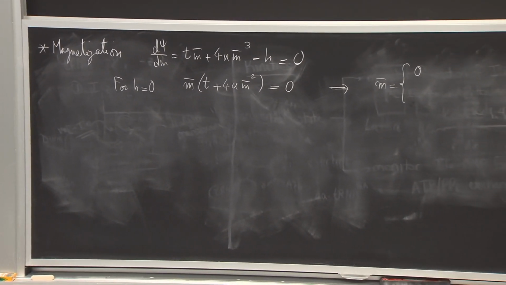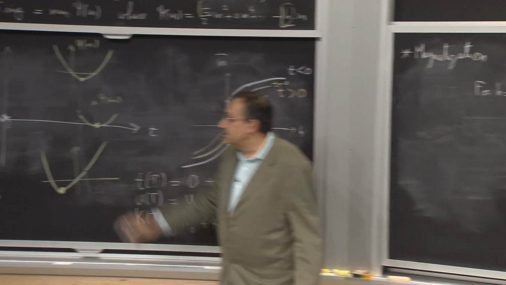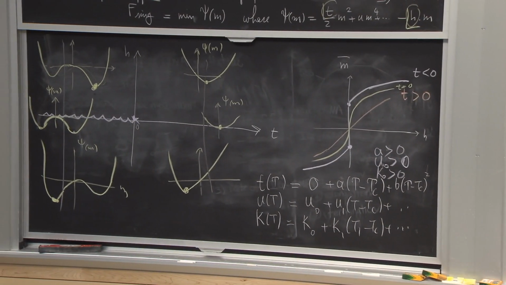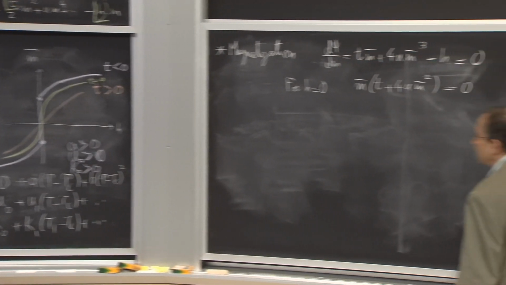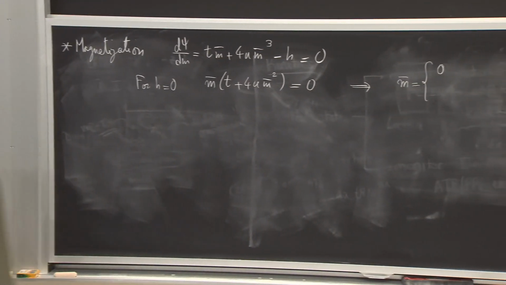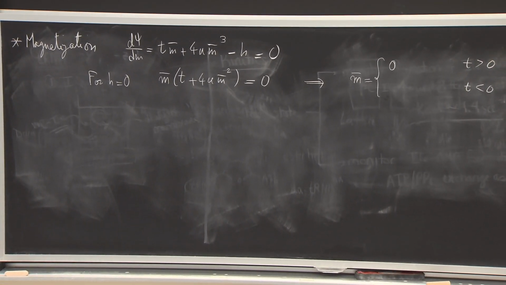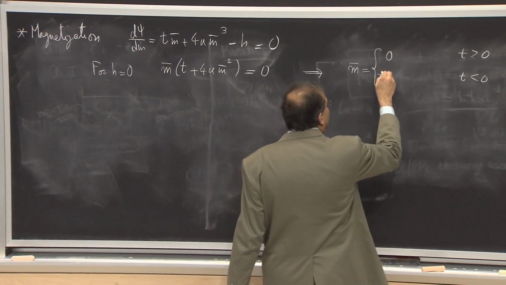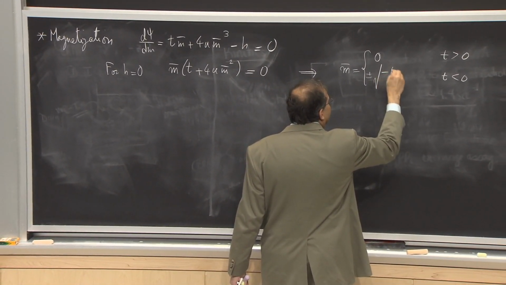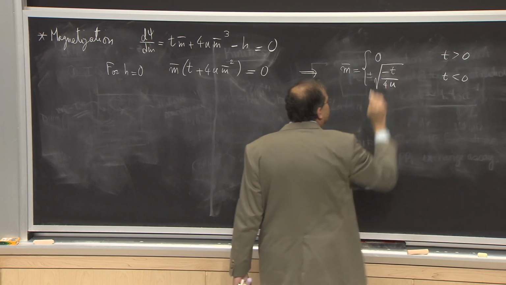And that's really the only solution that I have for any t that is positive. While for t negative, in addition to the solution at 0, which is clearly unphysical because it corresponds to a maximum and not a minimum, I have solutions at minus plus square root of minus t over 4u.